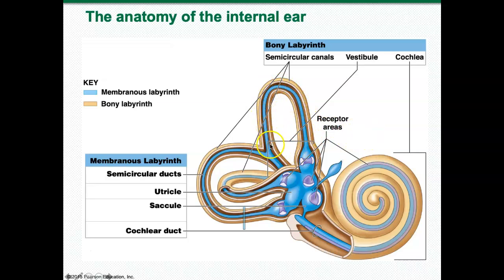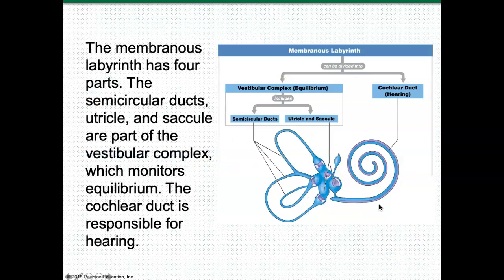Here are the three semicircular canals, and they and the utricle and saccule respond to rotational motion. And the vestibule, we'll see the ampullas in the vestibule respond to gravity and linear acceleration, and then the cochlea responds to hearing.